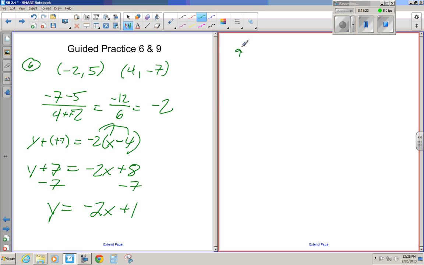Number 9 is a story problem. Number 9 says, in example 5, the corresponding data from males are 3.42 million participants in 1993 and 3.9 million in 2003. So, write a linear equation that models male participants in U.S. high school sports.